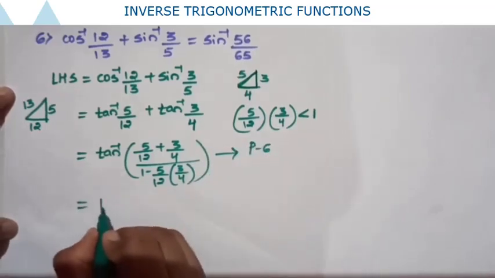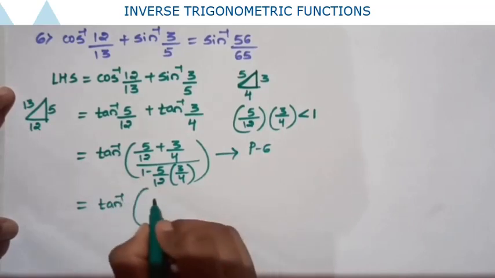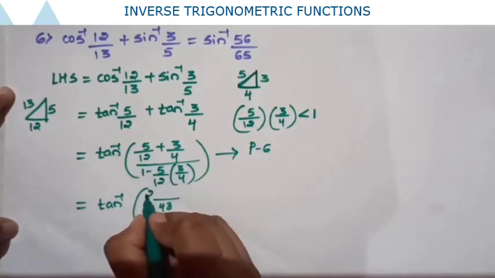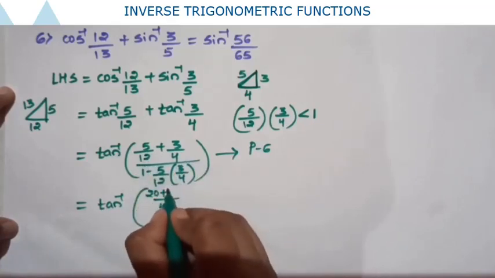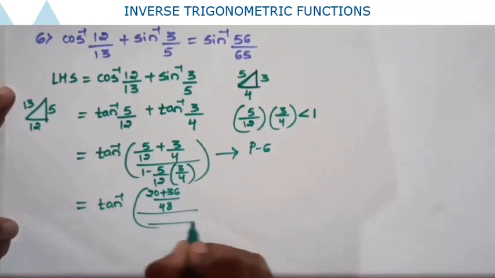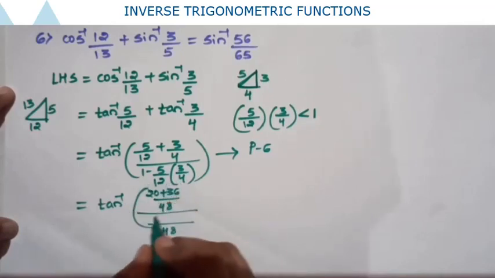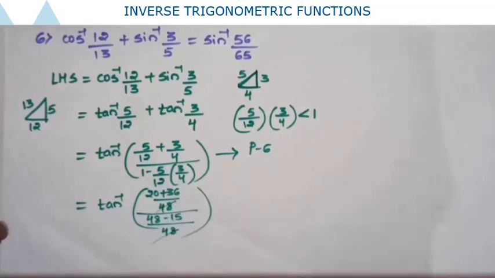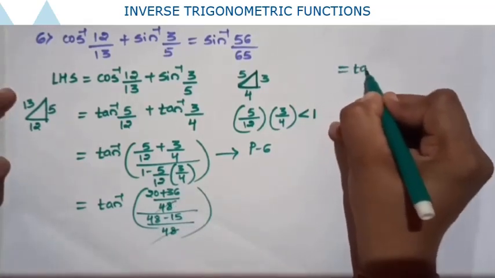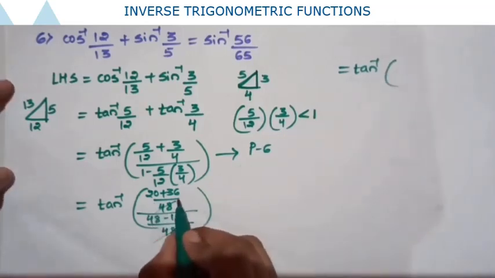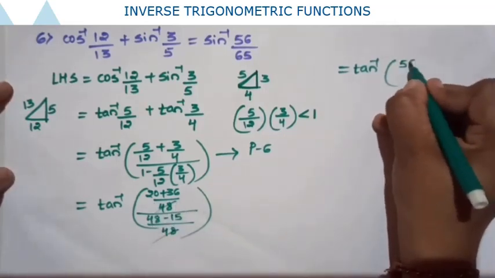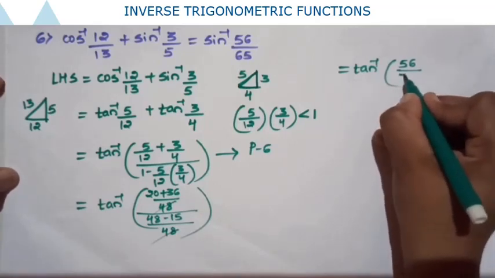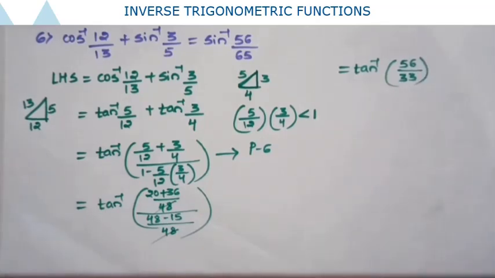Therefore tan inverse, numerator LCM is 48, and multiply 5 into 4, that becomes 20, plus 12 into 3, that is 36, whole divided by denominator LCM, which is also 48, and this becomes 48 minus 15. 48 gets cancelled. Again we have tan inverse of numerator 20 plus 36, that is 56, whole divided by 48 minus 15, that is 33.